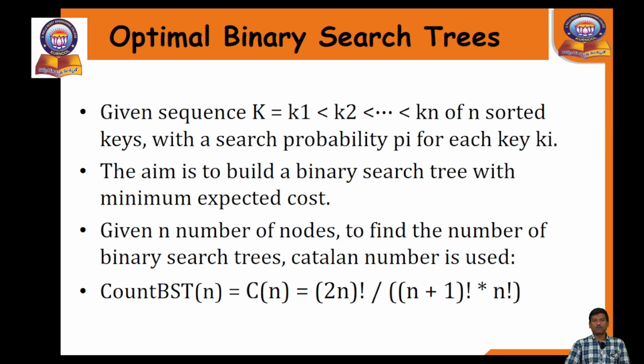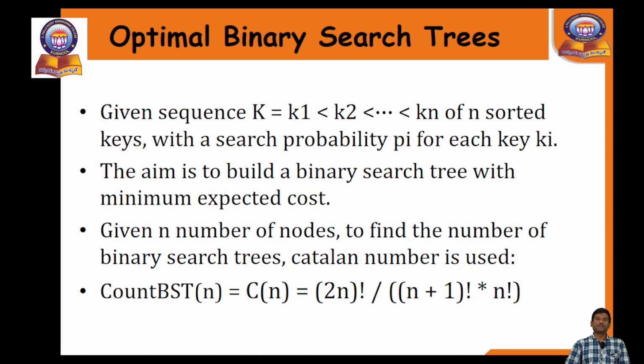The goal of this optimal binary search tree is to build a binary search tree with the minimum expected cost. You can arrange the elements of the binary search tree in different ways, and out of all these ways, what is the most optimal one? That is what the problem of the optimal binary search tree indicates.